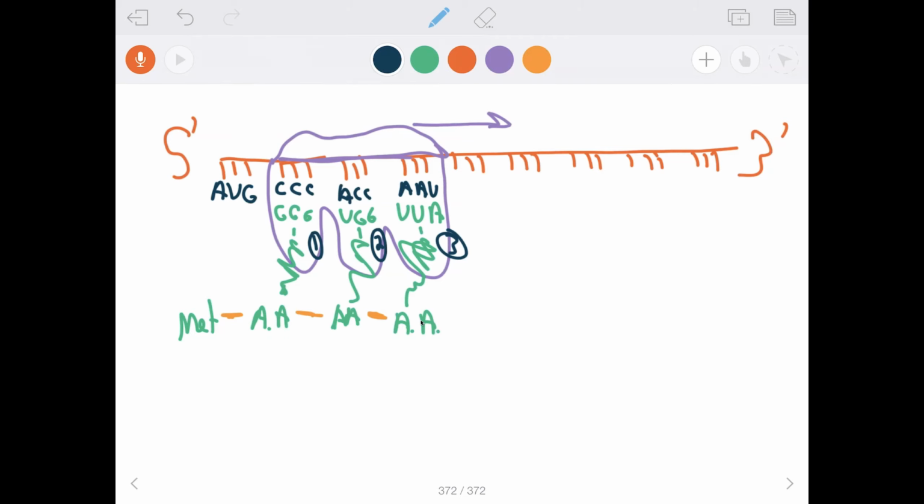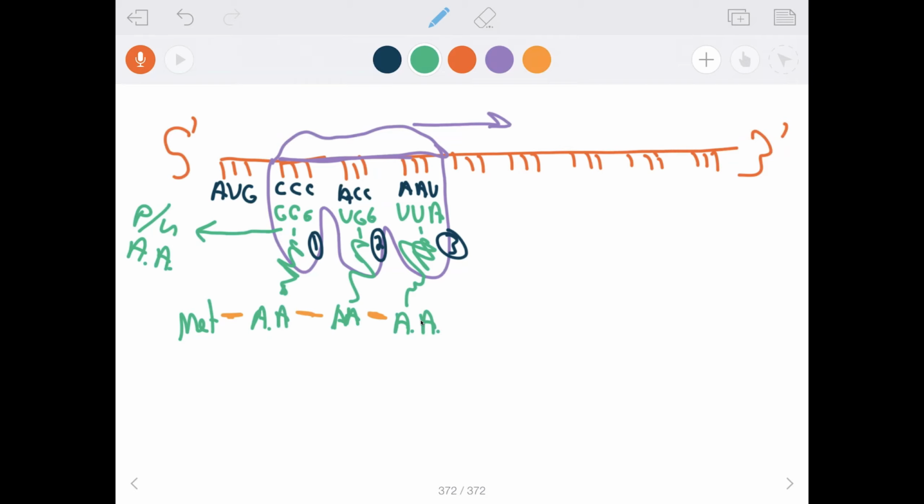As this moves over, the tRNA in position 1 will exit the ribosome, leaving the amino acid, and it will float away and pick up another amino acid. And it can be reused. So tRNA is not just used once and thrown away.